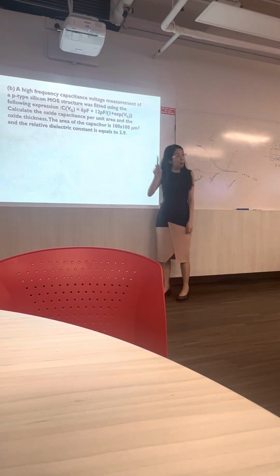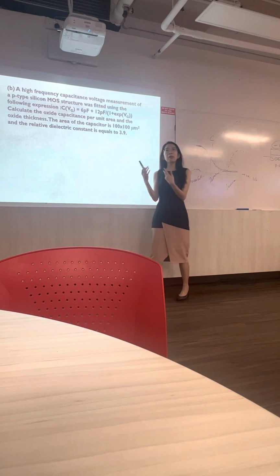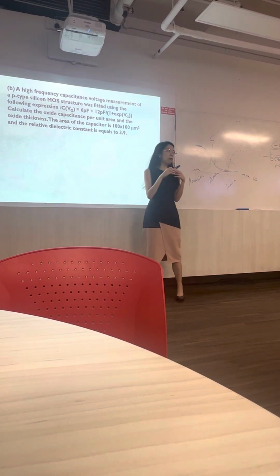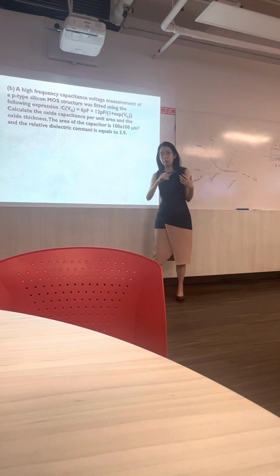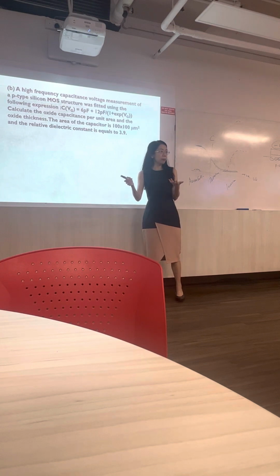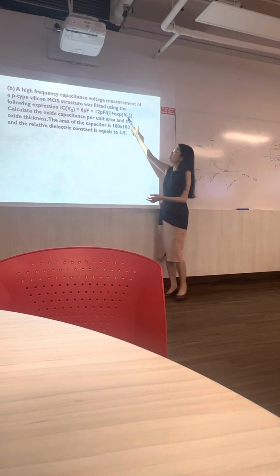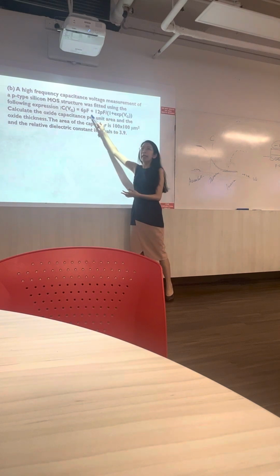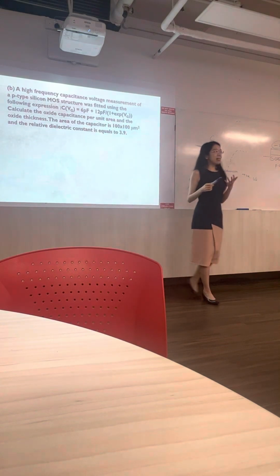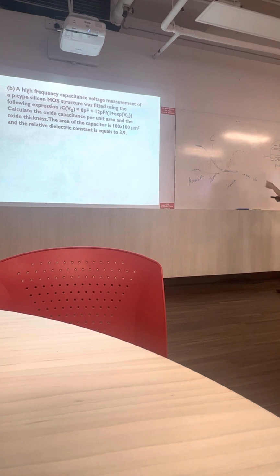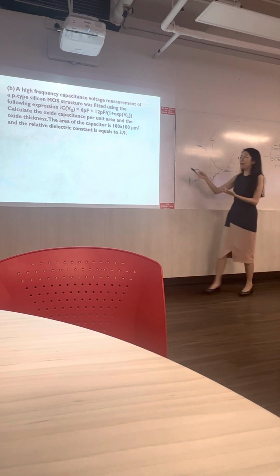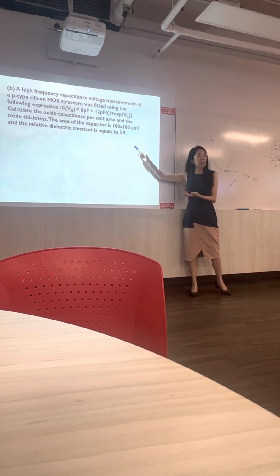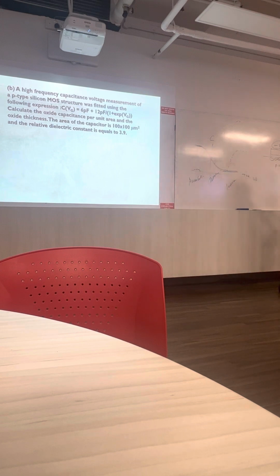Because it's a model, we don't know what voltage, so you just give a very negative value, let's say you plug in minus infinity. So you plug in minus infinity, this exponential term will actually disappear. So at the end you get the theoretical highest capacitance, right? Then with the area, you can calculate already.